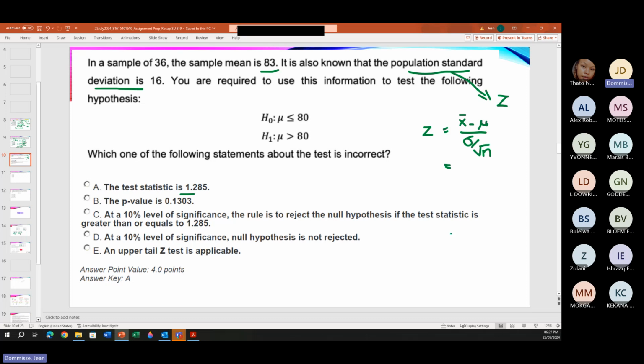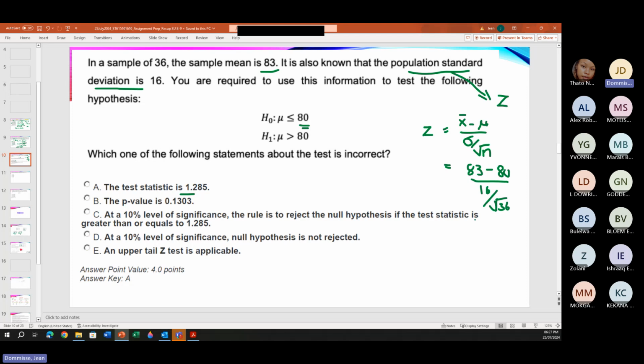So let's look. The sample mean is 83. They tell us that we're looking at a population mean of 80. The standard deviation is 16, and the n that we're going to divide by is 36. That at least is a nice number, because the square root of 36 is 6.